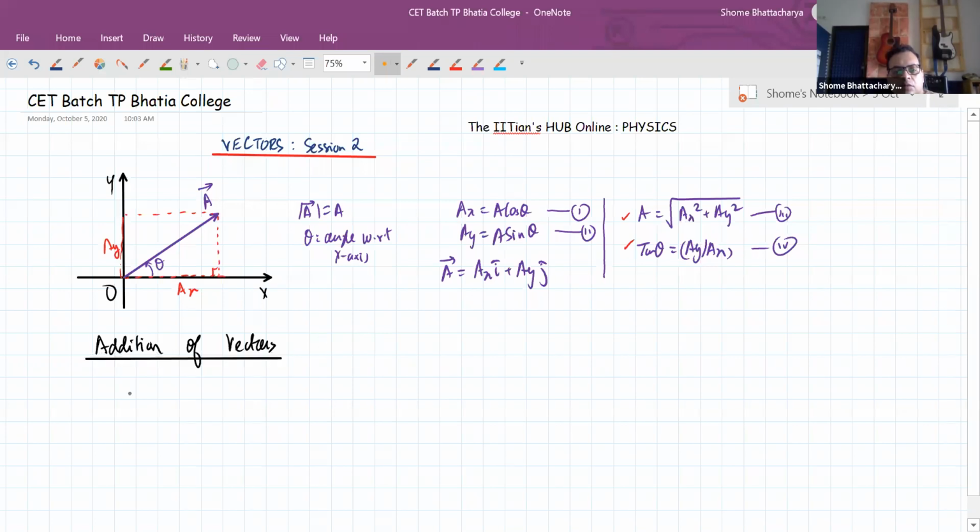The first method we will learn is by triangle law.